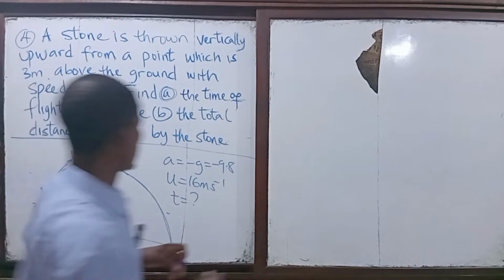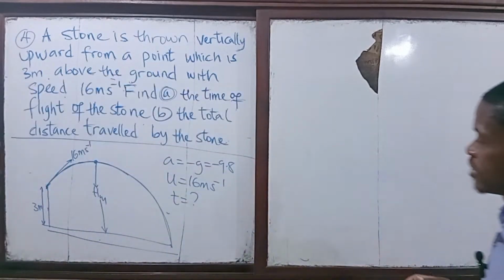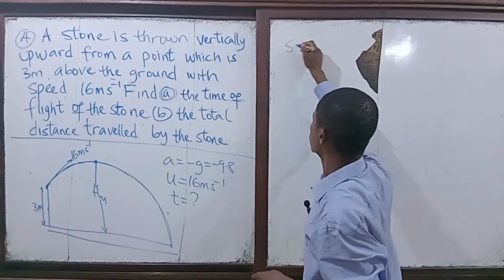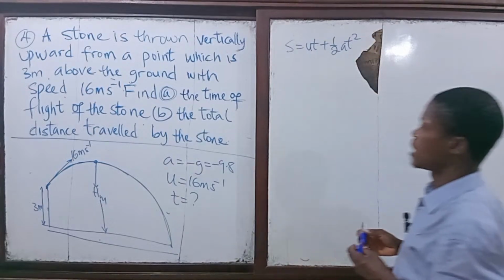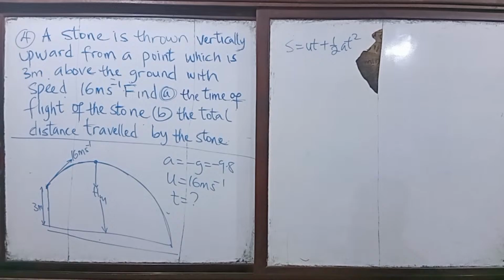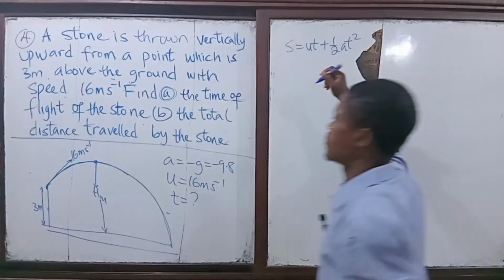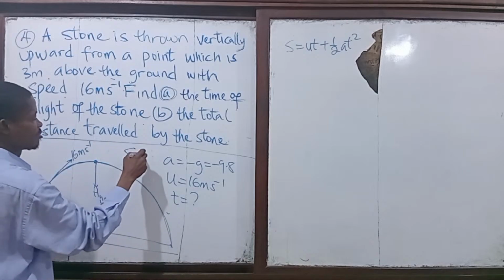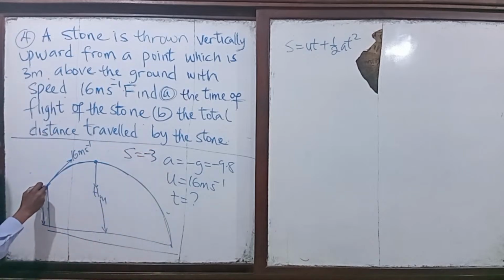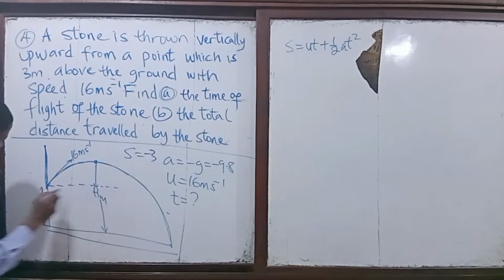Let's quickly apply the parameters we have. We have u, we have acceleration, we have t. We can use the equation S equals ut plus half at squared. We have the distance also: 3 meters, but this distance is going to be negative because we take upward as positive, and this point is below the point of projection.